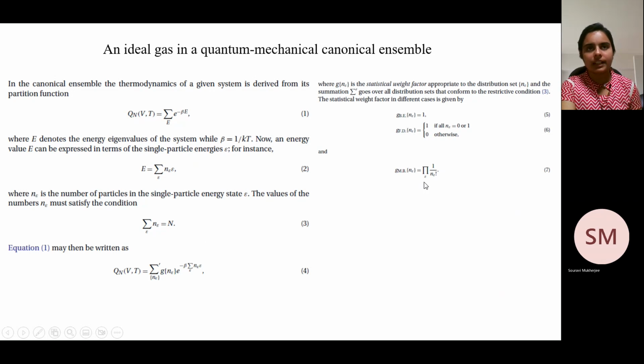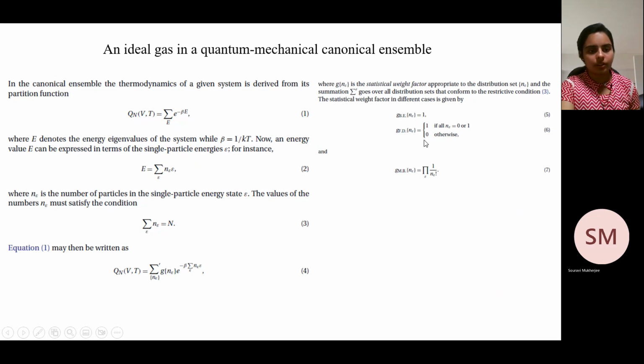This comes from the fact that for a given distribution set n_epsilon, meaning n1 particles in some state, n2 particles in some other state, the number of ways this distribution is possible is N factorial divided by the product of all the n_i factorials. Then considering the Gibbs factor, we get this statistical weight factor. This is something we discussed in the last class.